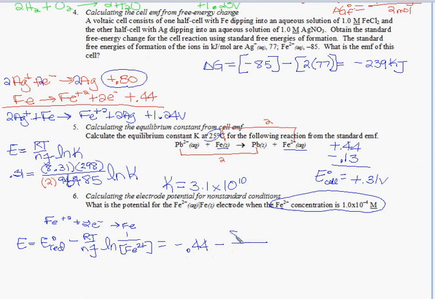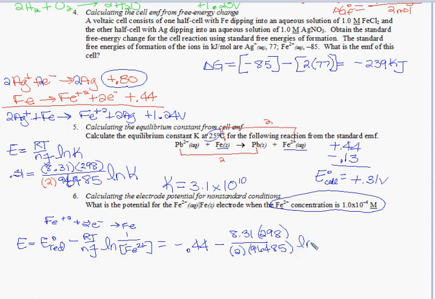Our R value, 8.31. Our temperature, since we're not being told the temperature, let's assume that it is in fact standard, so 298. The number of electrons passed, 2, as you can see from the balanced reduction reaction. And then again, Faraday's constant, 96,485.